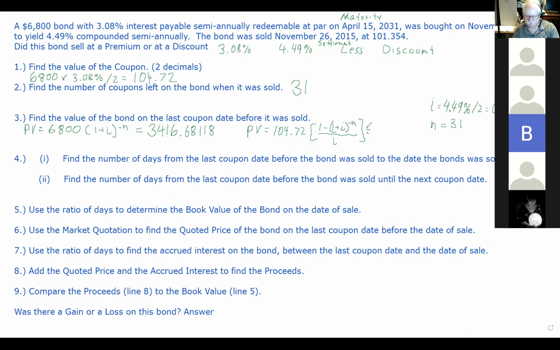Recall 1, plus 1, y to the x, 31 negative, equals that. Make that negative, plus 1, divided by recall 1, times 104.72. So I'm getting 23208 point. Oh, no, sorry, I screwed something up there.